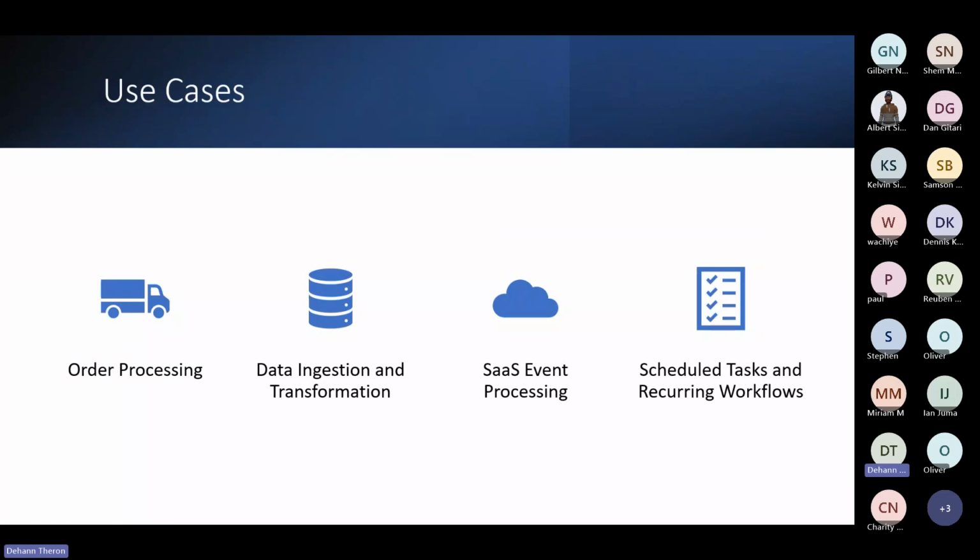All right, a couple of use cases for it. Right, so first one is order processing. So think of it like a retail shop. You've got your online website. As a user, you can go and purchase your item. From there, the Logic App can do a couple of different things.